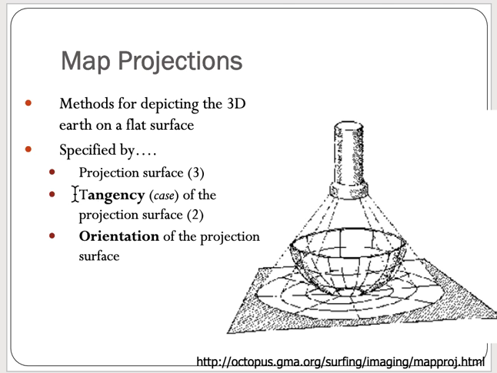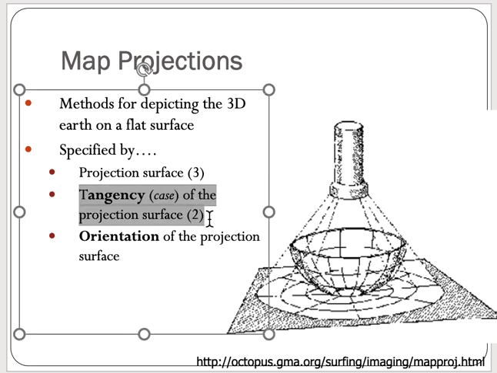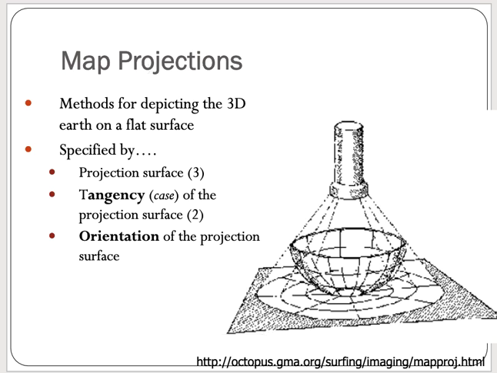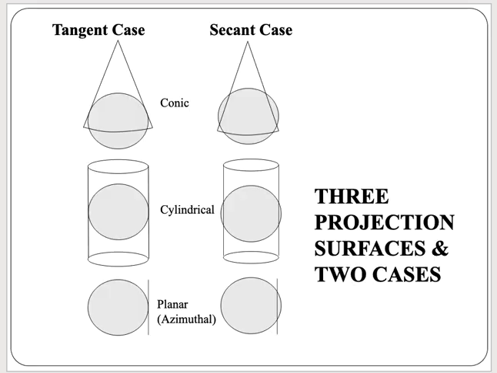Also, we're looking at the tangency or case of the projection surface, and the orientation of the projection surface. There are many map projections, and these map projections are simply created to capture the best information with the least distortion.